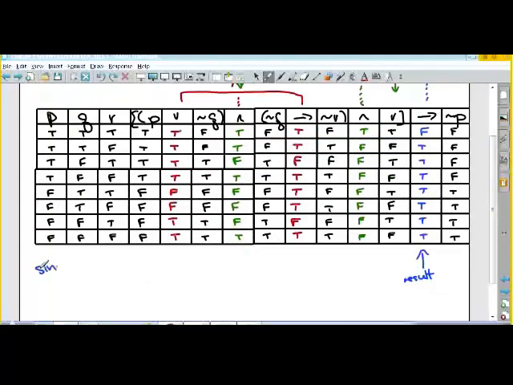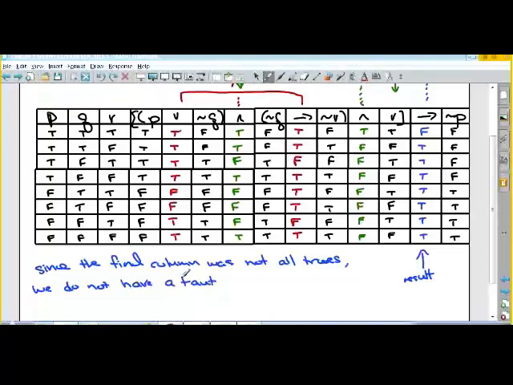And what we can say is, since the final column was not all trues, we do not have a tautology.